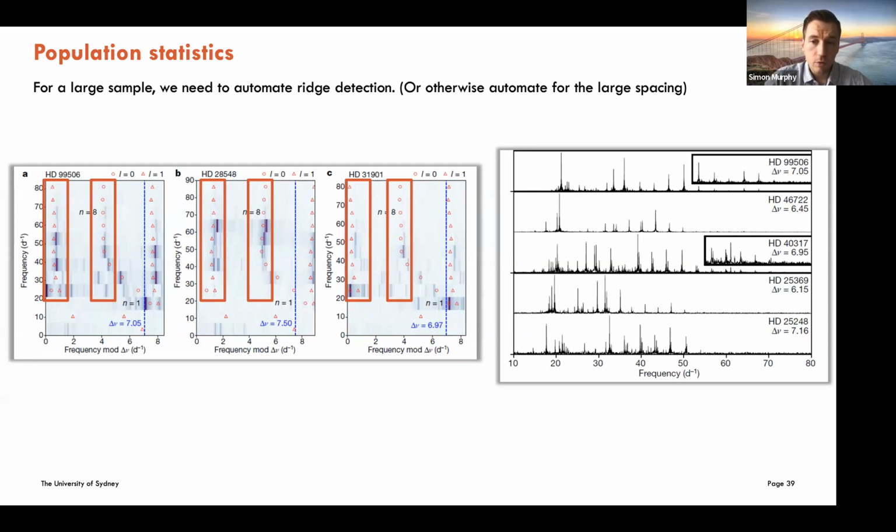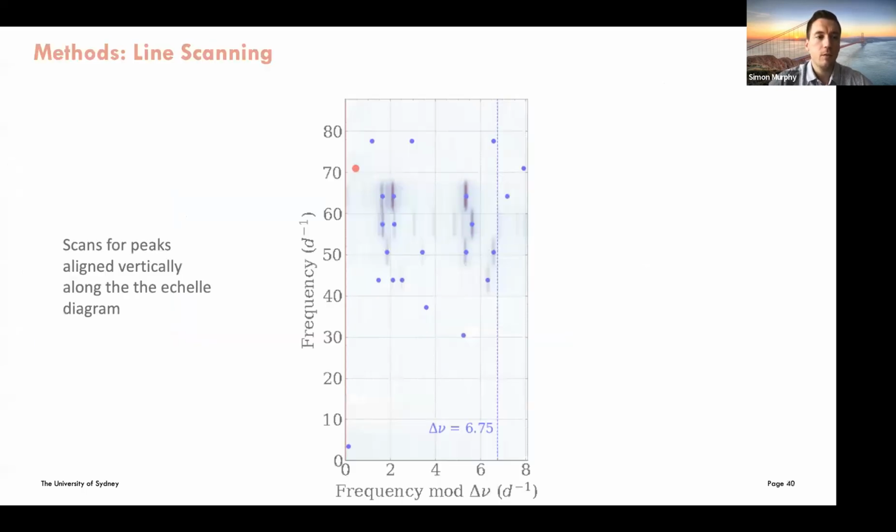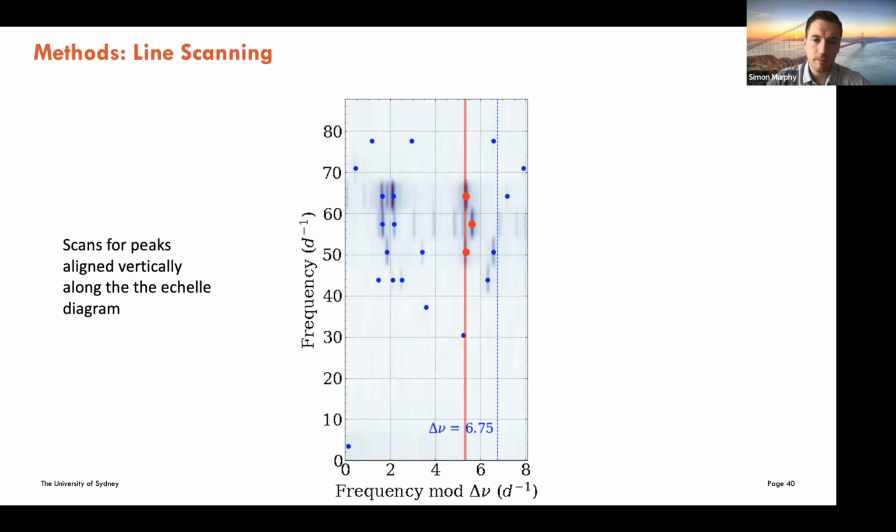So one thing you can do is take the autocorrelation of the Fourier transform. That's what we did in the Nature paper. It's simple, it's proven, it's robust, but can we do better? What Will came up with was a line scanning algorithm.